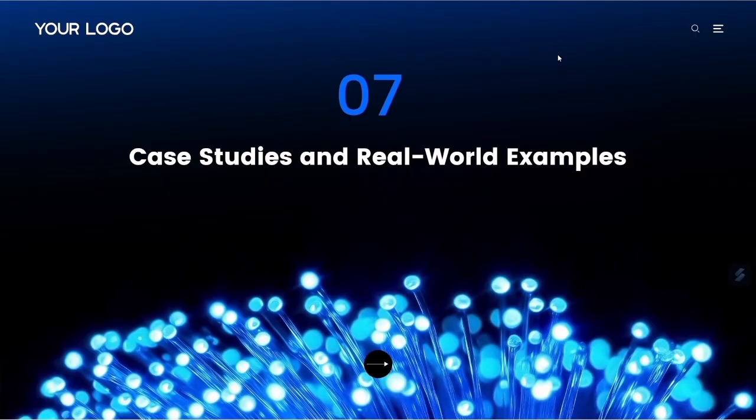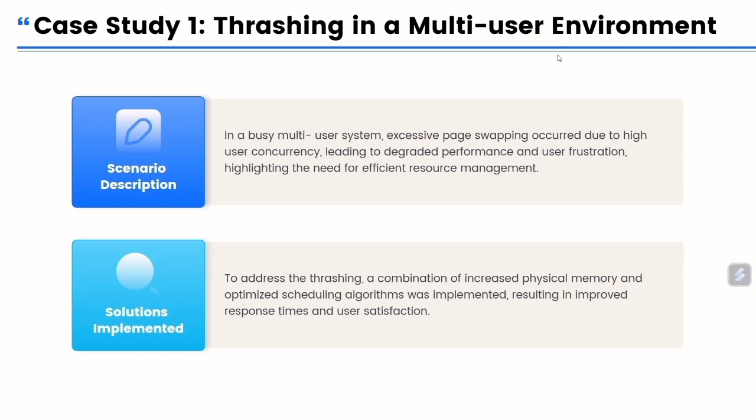Case studies and real-world examples. Case study 1. Thrashing in a multi-user environment. In a busy multi-user system, excessive page swapping occurred due to high user concurrency, leading to degraded performance and user frustration, highlighting the need for efficient resource management.